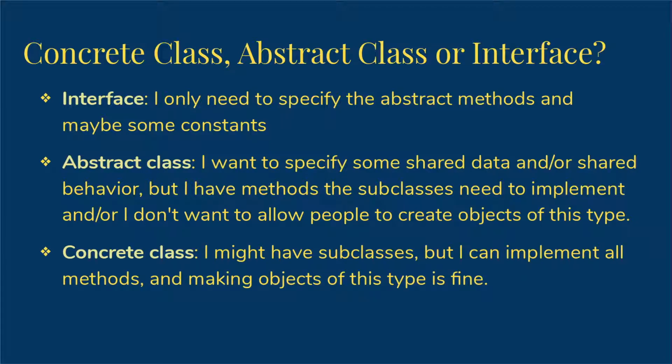In some cases, I may be planning for subclasses, but I can implement all methods meaningfully. So I have a meaningful implementation, and making objects of this type of the parent class is just fine. In those cases, we'll want to go with the concrete class. So, for instance, the person class.